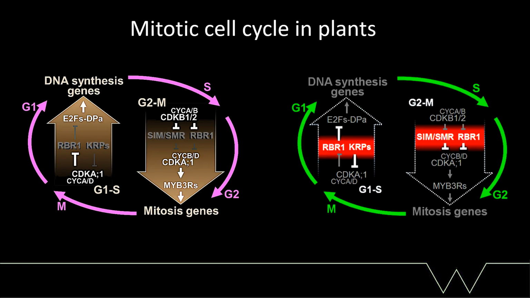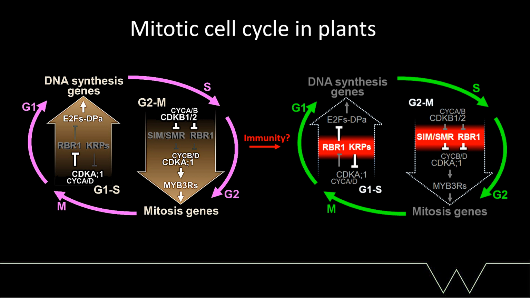So what determines cell division? Well, this is reliant on the mitotic cell cycle. So let's have a quick recap of the mitotic cell cycle in plants. Not as well studied as in animals for obvious reasons, but it's carefully regulated and the general principles are the same. We have 2 gap phases, separating the synthesis or S phase and the mitosis or M phase, and the transitions from the gap phases, the G1 to S transition and the G2 to M transition, are closely regulated.